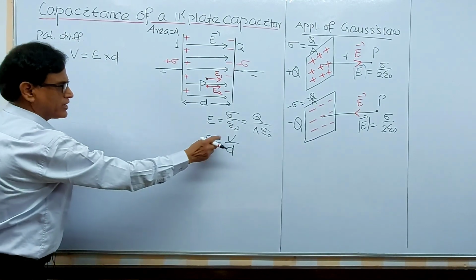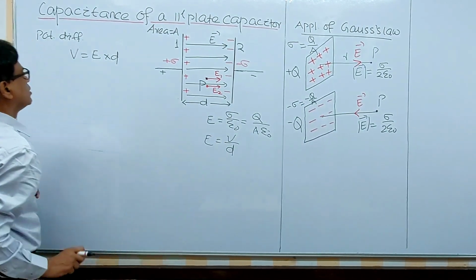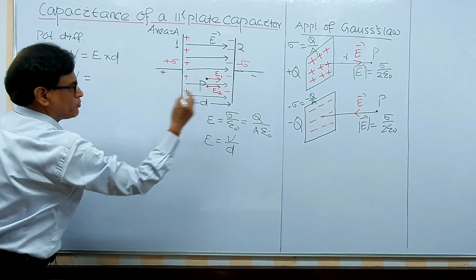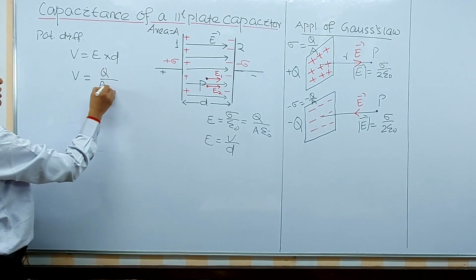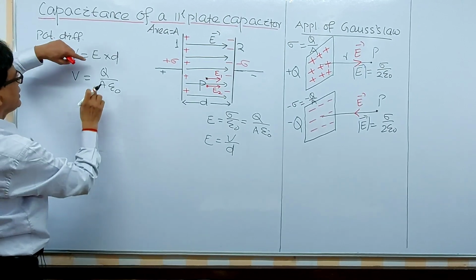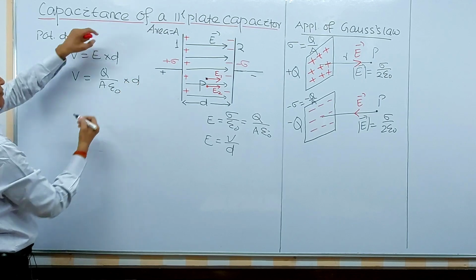It is a very common formula, E equals V by D. That's why electric field is also expressed as volt by meter. So E into D, that's the potential, where E is Q by A epsilon 0. I'm writing E is Q by A epsilon 0 into D.